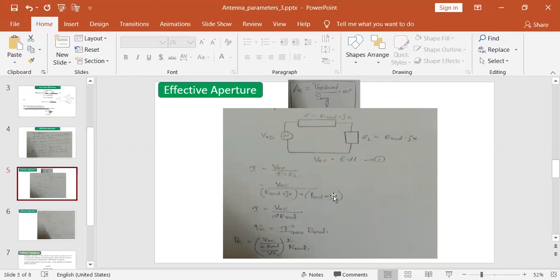If we add the total impedance, the resistances are equal, and plus jX and minus jX will cancel out. We'll get V OC by 2 into radiation resistance.